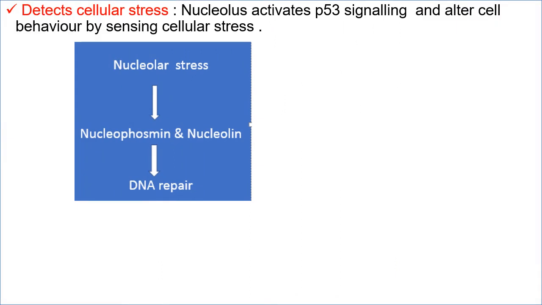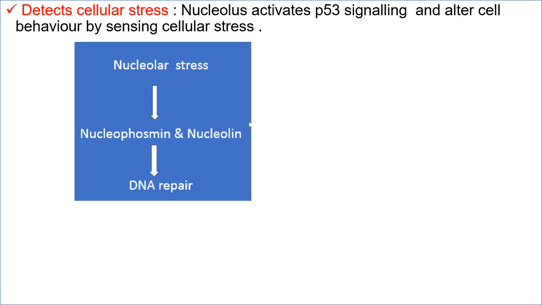The nucleolus also helps to detect cellular stress, and it can be considered a center point in sensing cellular stress. During cellular disturbances, the nucleolus undergoes different structural as well as compositional changes, and different nucleolar proteins have been identified that under stress can lead to cell cycle arrest, arrest of DNA replication, induction of DNA repair, and cell death.